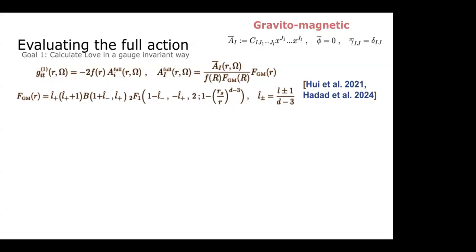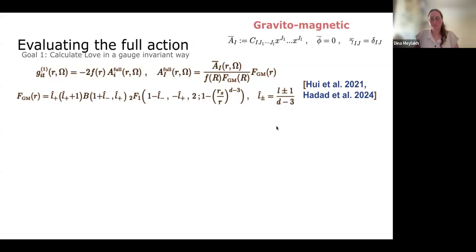So thankfully our exact action has been calculated. The solutions to the equations of motion have been calculated already by Hui et al. and Haddad et al. We supplement this with boundary conditions, and we're ready to plug this into the full action.